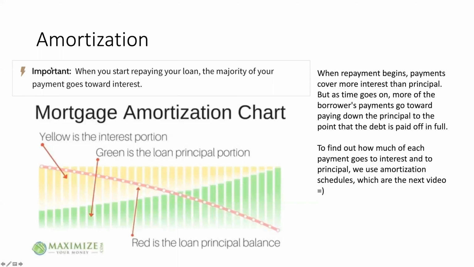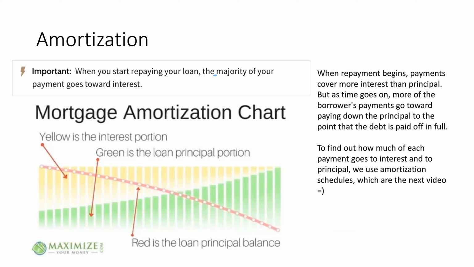One thing to keep in mind is that with amortization, when you begin repaying the loan, the majority of your payment goes towards interest. So you don't pay the same amount in interest every month. As you pay your balance down and it gets smaller and smaller, more and more of that $377 actually goes towards the principal.